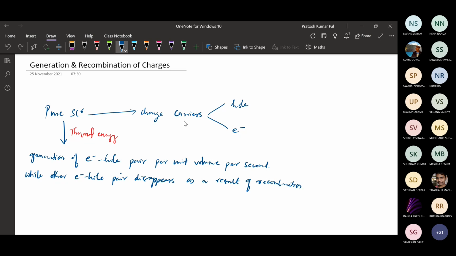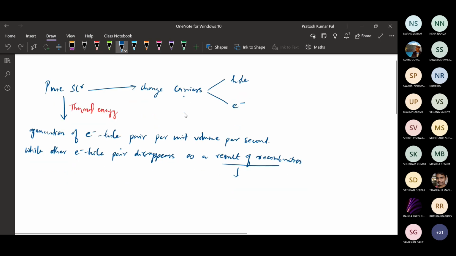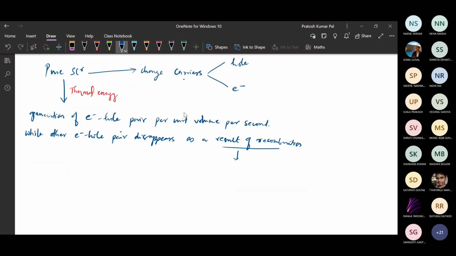Okay, so here in the recombination, basically what is going to happen is the free electrons will be falling into empty covalent bonds.